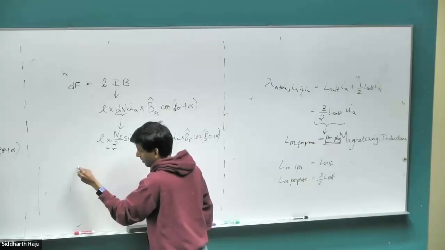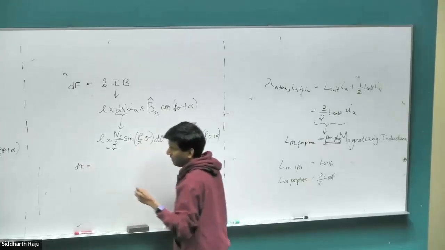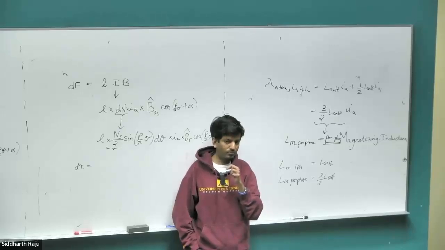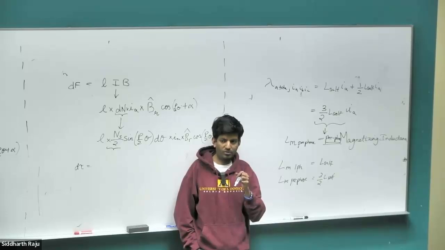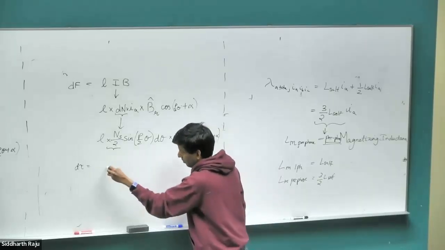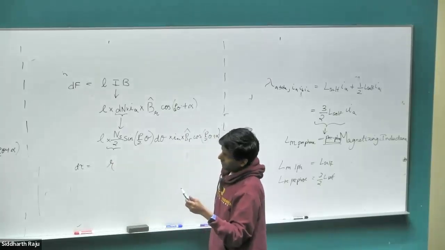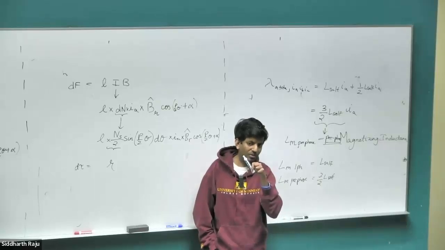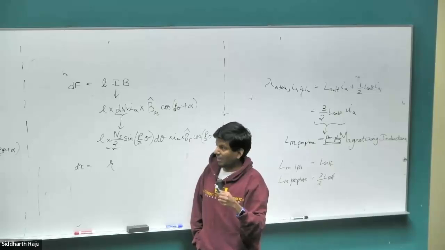How will I get the torque experienced by the incremental set of conductors? That is just the force. How do I get the torque? Simple question. What about radius? Multiply by radius. So again, I'm multiplying it by the rotor radius. In reality, it should be the radius of the rotor plus the air gap length plus a little bit of distance inside where the conductors are located on the stator. But the air gap length is quite small.